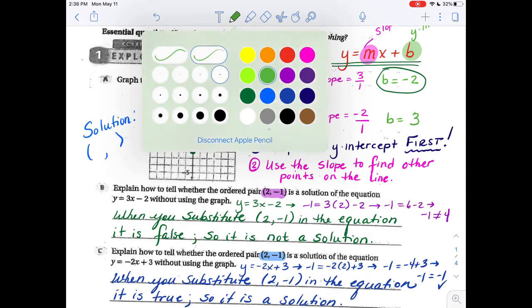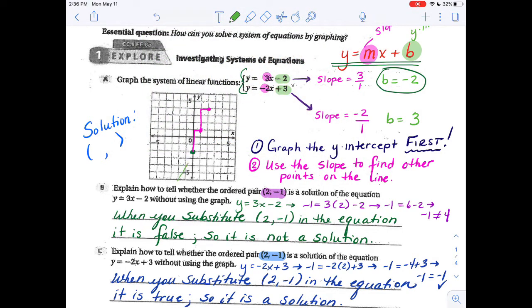Go ahead and connect those. And when I do, oops, I got to draw it straight. You can see that I have my graph. There's my line of my linear equation. And now I do the same thing for the second one. That one says that my intercept is +3.